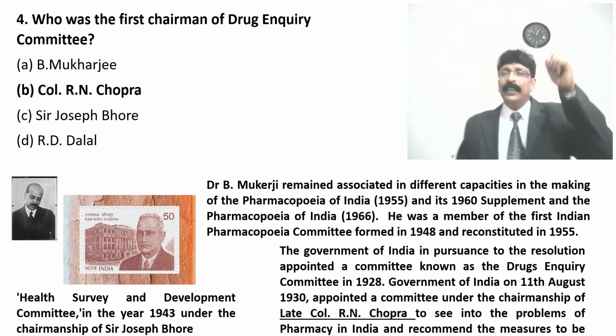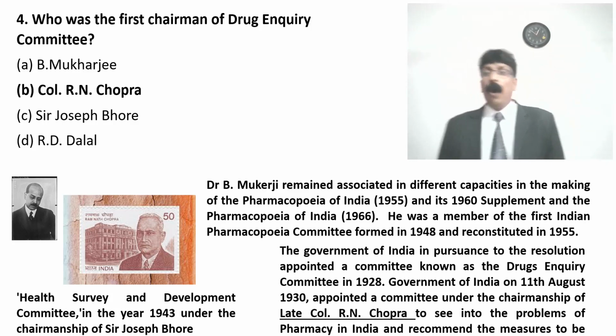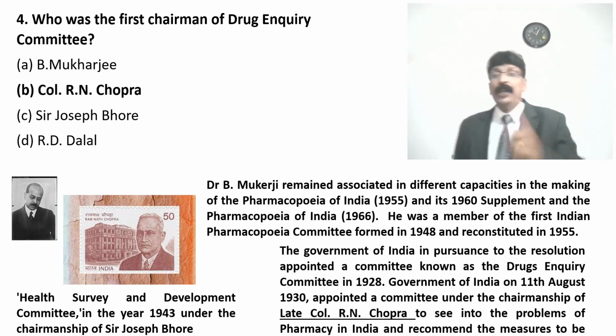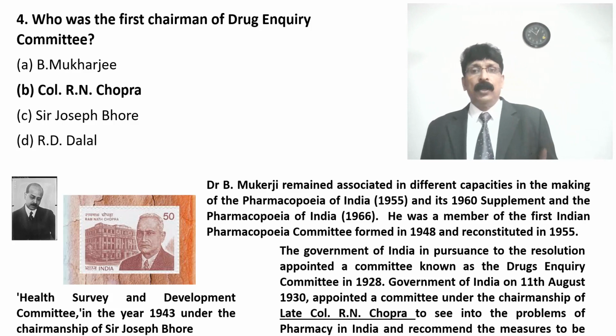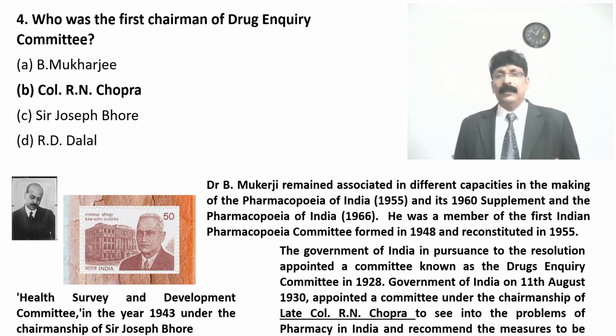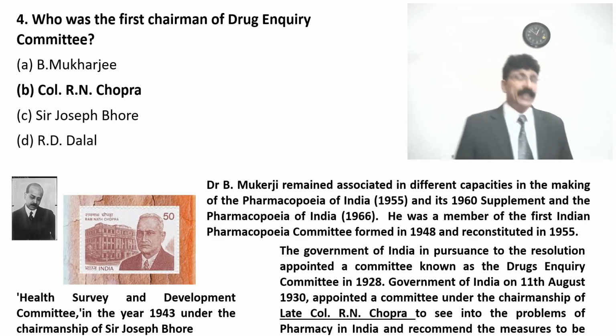Before the Drugs and Cosmetics Act, 1928 itself, the Government of India on 11th August 1930 appointed the committee under the chairmanship of the late Colonel R.N. Chopra, to look into the problems of pharmacy in India and recommend the measures to be taken. He recommended measures to be taken in pharmacy.